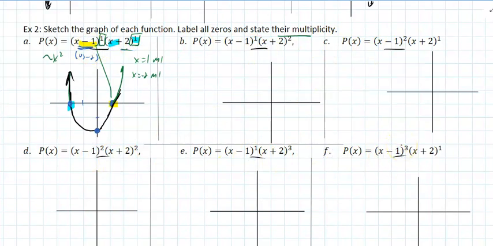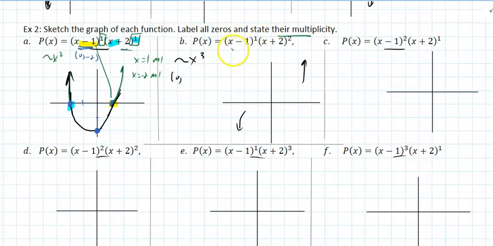If I look at part B, this behaves like x what? X squared times x, that's x cubed. Positive x cubed, like this. What are the zeros? If x equals 0, think about it.